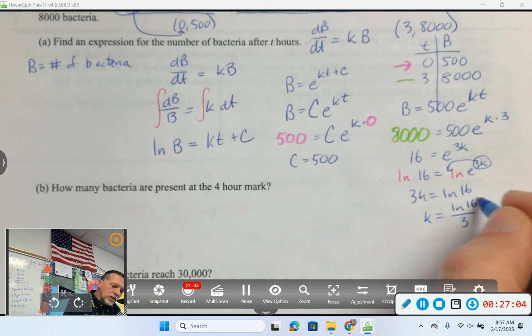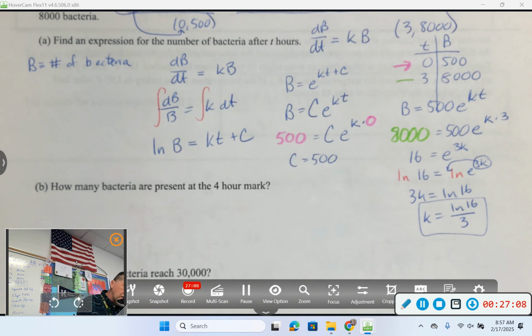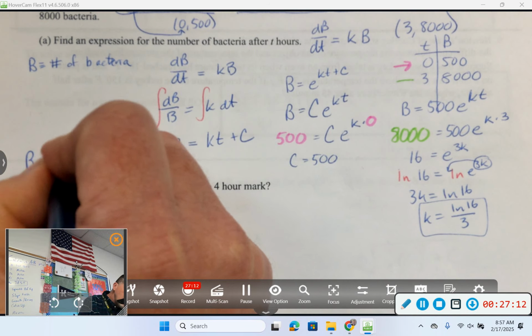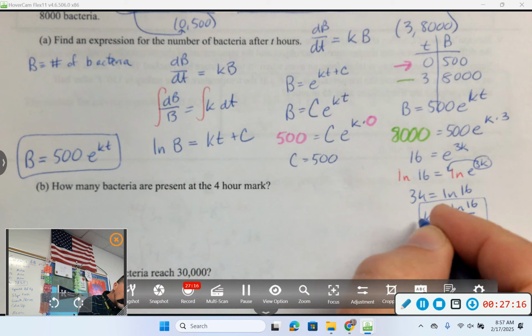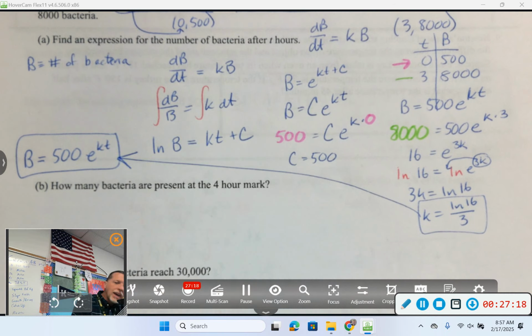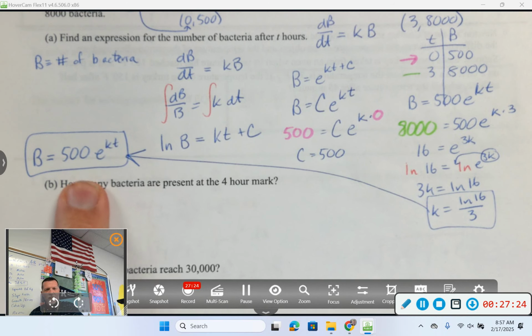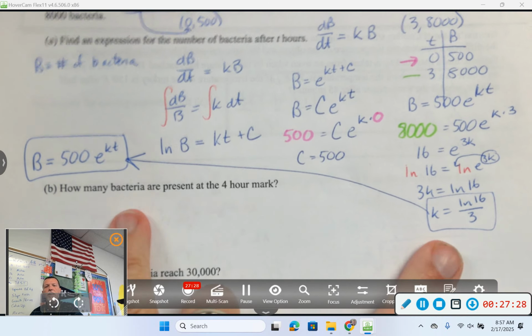I think I just want to leave that as a safe stop. I could put it in my calculator later. So B is 500 e to the KT. And I've told you what K is, so I don't need to rewrite it. I don't really want to get a decimal for it. It's okay to write this as your answer as long as you say what K is. So that's probably the easiest way to go.